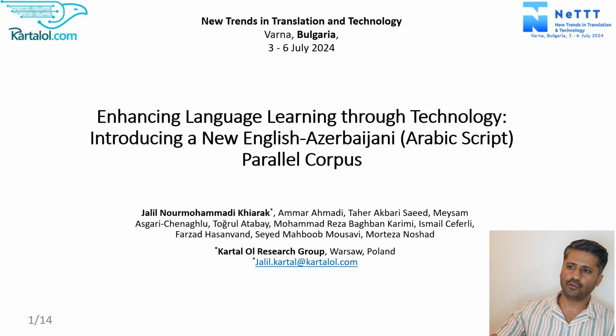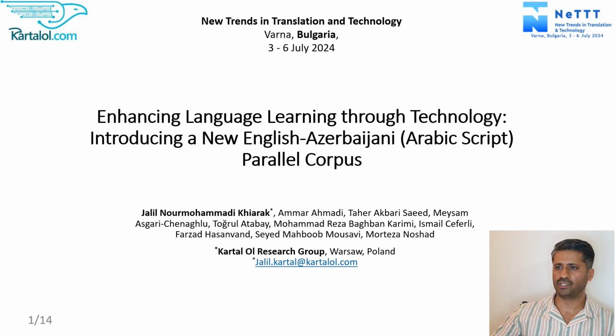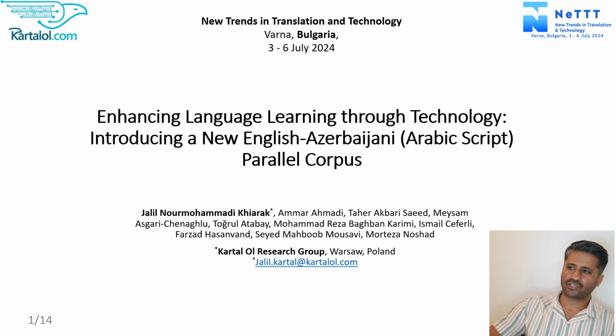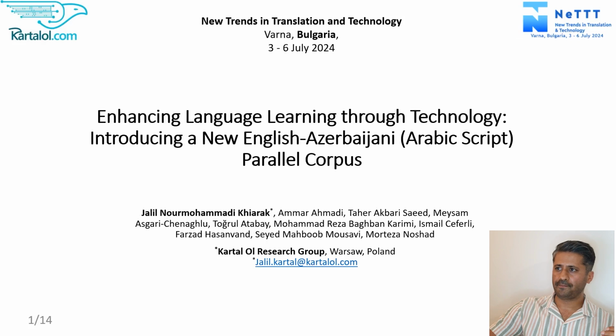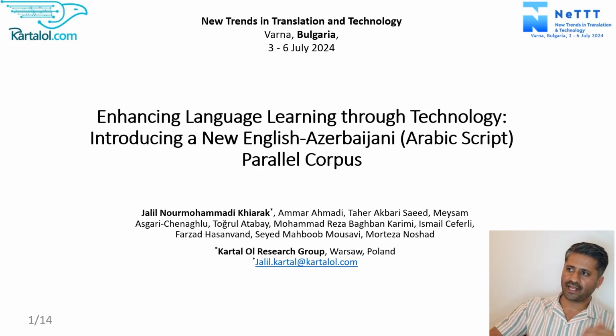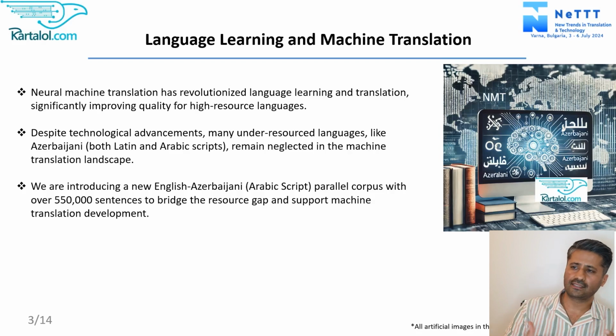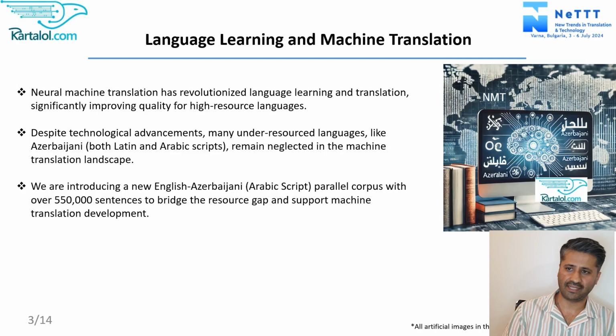So let me tell you shortly about language learning and machine translation. Machine translation has modernized language learning and translation specifically by significantly improving translation quality for high resource languages. However, despite these technological advancements, many under-resourced languages such as Azerbaijani remain neglected in the machine translation landscape.